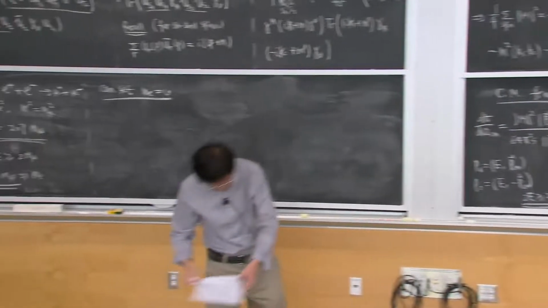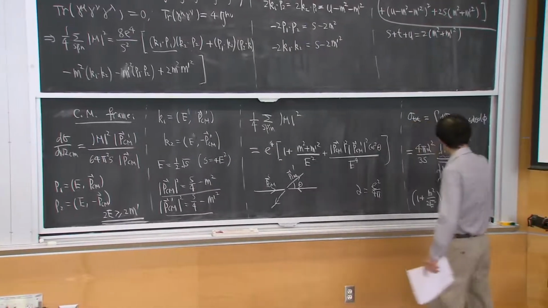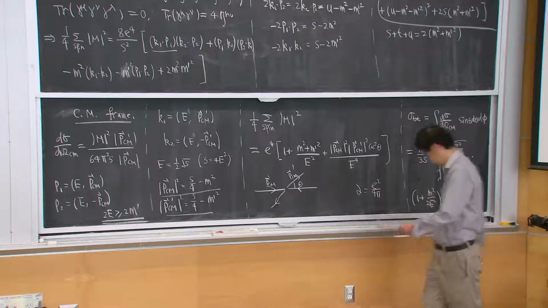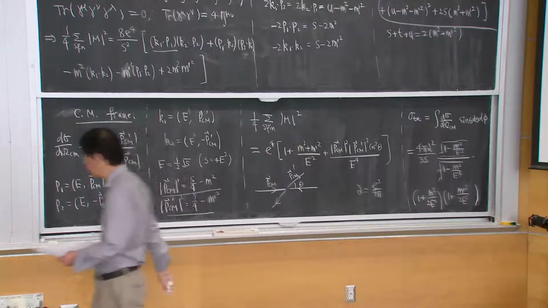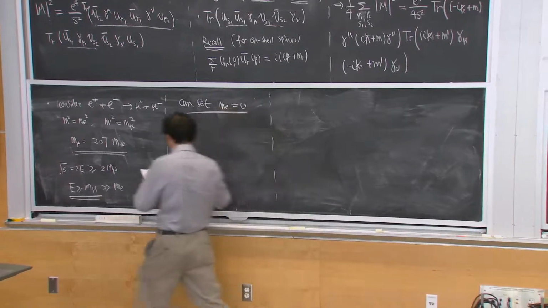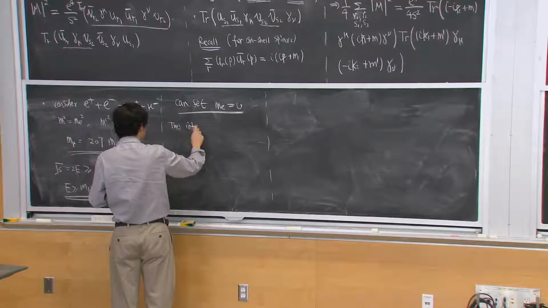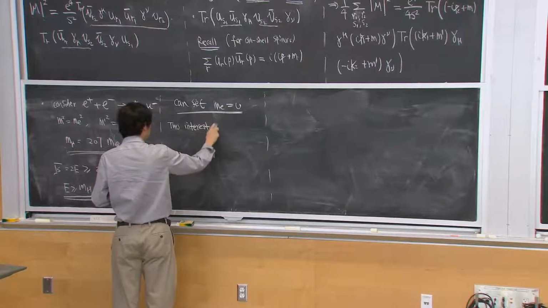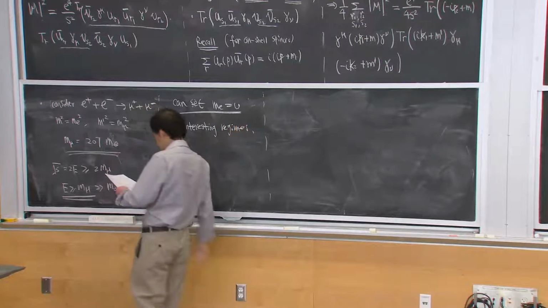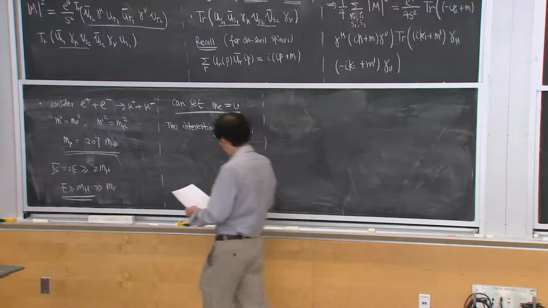The downstairs equals 1, and this factor also becomes 1. So then there are two interesting regimes. The first is just near the threshold.